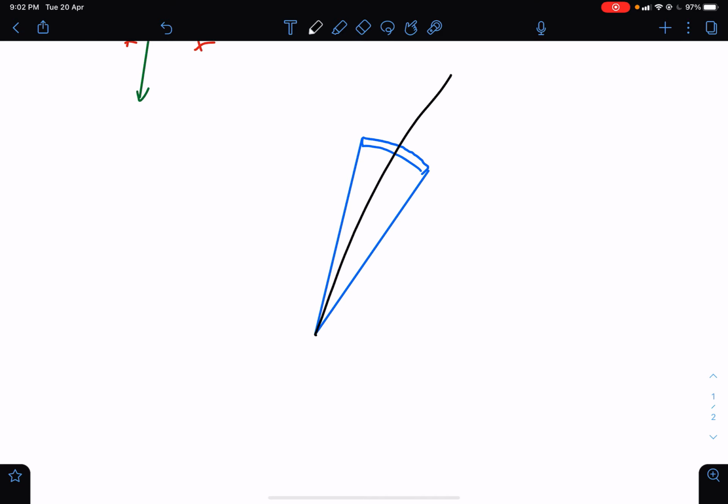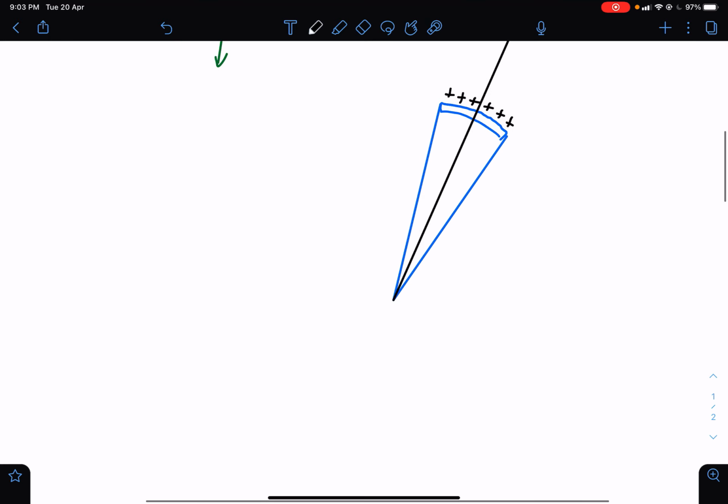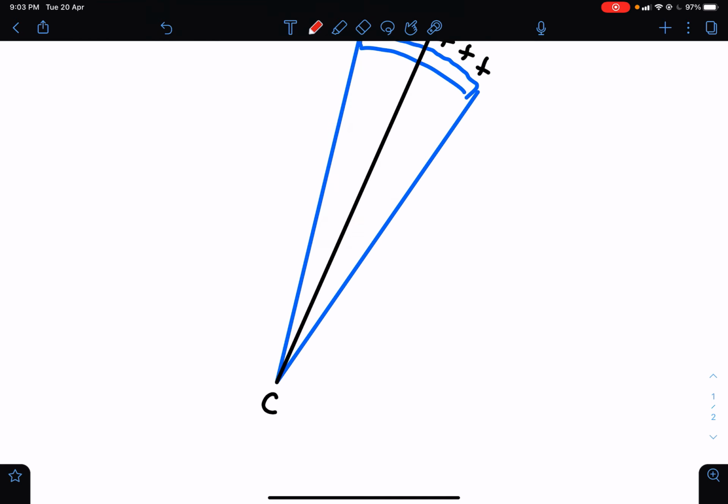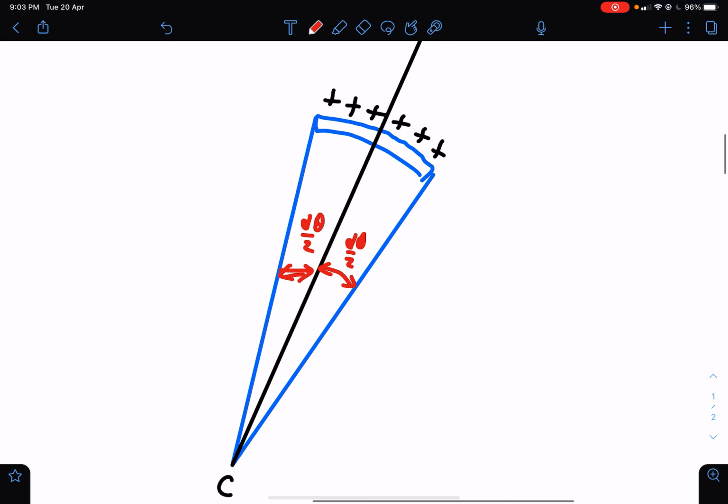Now let us draw the tangents. This element has a length of r d theta, so the total angle subtended at the center C is d theta. Half of it is d theta by 2, and the remaining half angle is also d theta by 2.